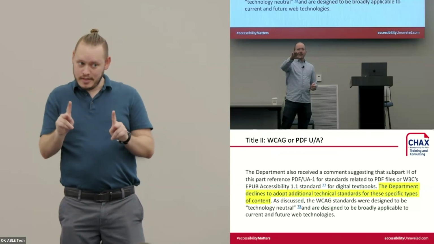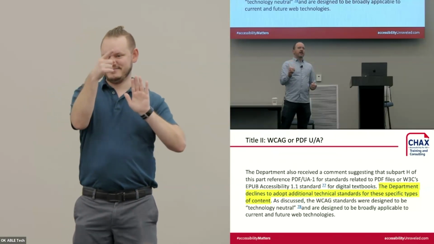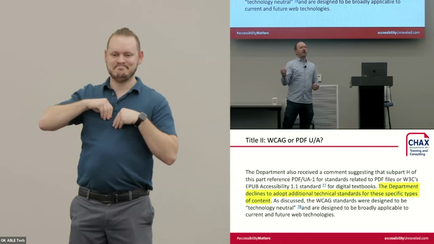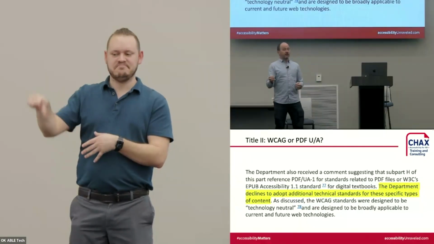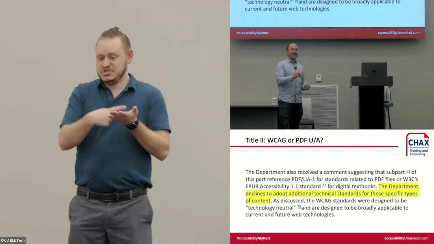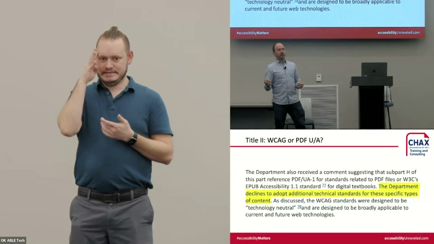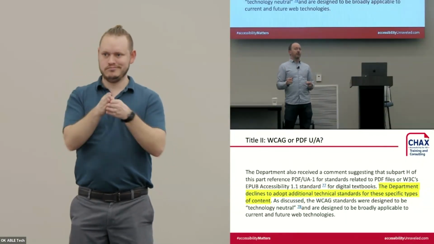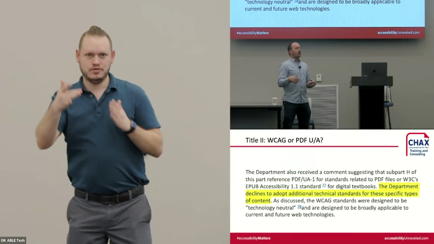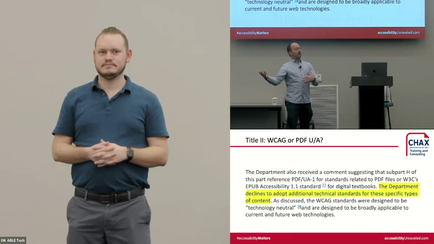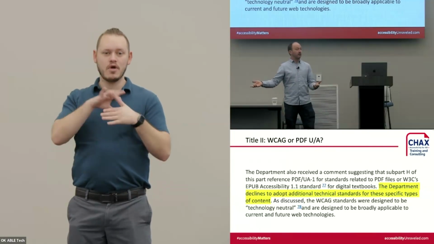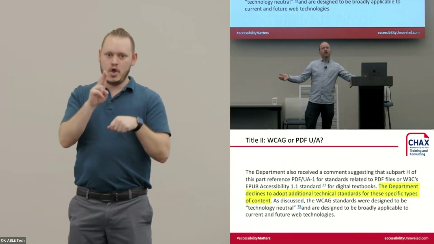And I highlighted this section. The DOJ declined to adopt that standard for that type of content. And they basically said, as discussed, the WCAG standards were designed to be technology neutral, and they're designed to be broadly applicable to current and future web technologies. So when you're talking about making your content accessible, WCAG is the guidelines that the DOJ is using, okay?